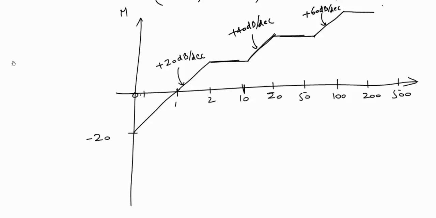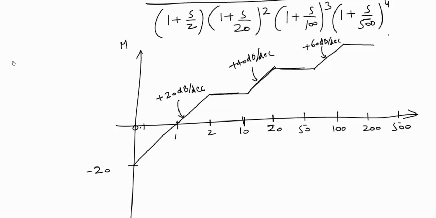At 200 I have 4 zeros. So it will give me 80. And at 500 again I have 4 poles. So this is how the Bodeplot is, plus 80 dB per decade. So this is the magnitude plot. Now there is no K here, so there will not be any shift.